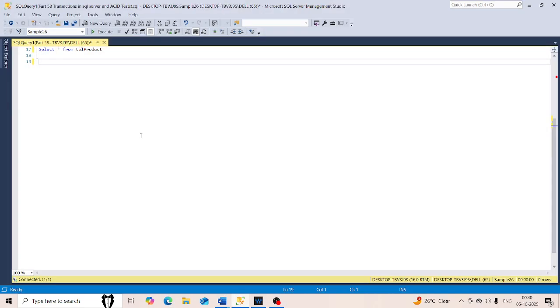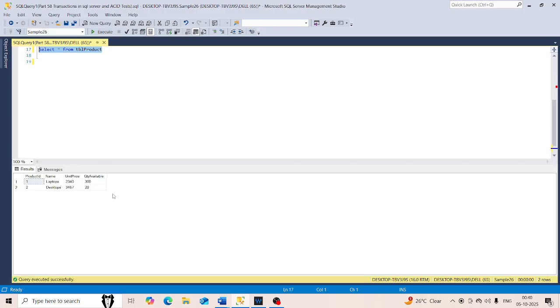Now let's say this is one of the transactions where I am updating this table tblProduct, set, let's say, quantity available equal to 350, where product ID is equal to 1.